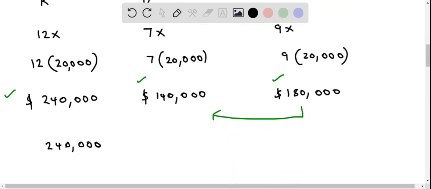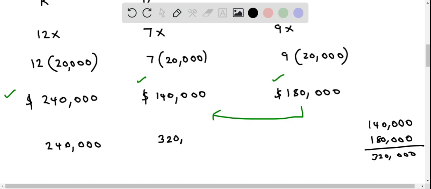So we have to add $140,000 to $180,000, and this will be $320,000. So the new share of Dodger as of now is $320,000. So this is for Roger and this is for Dodger.